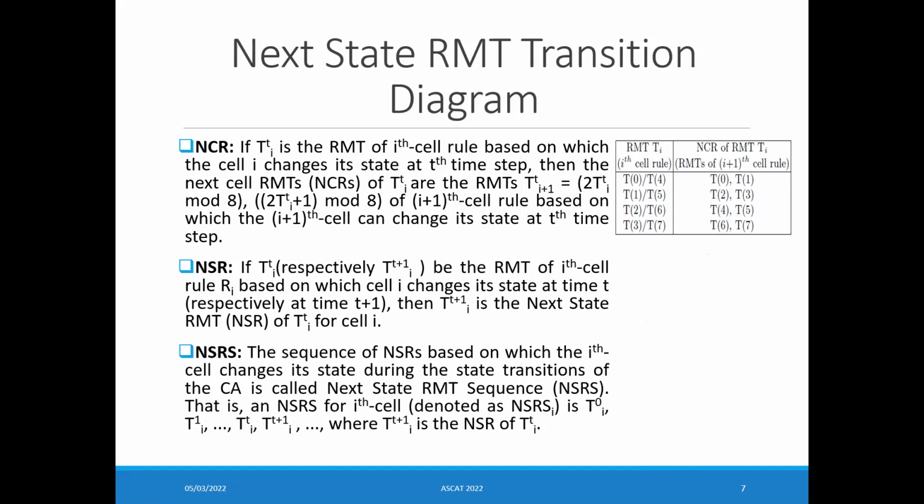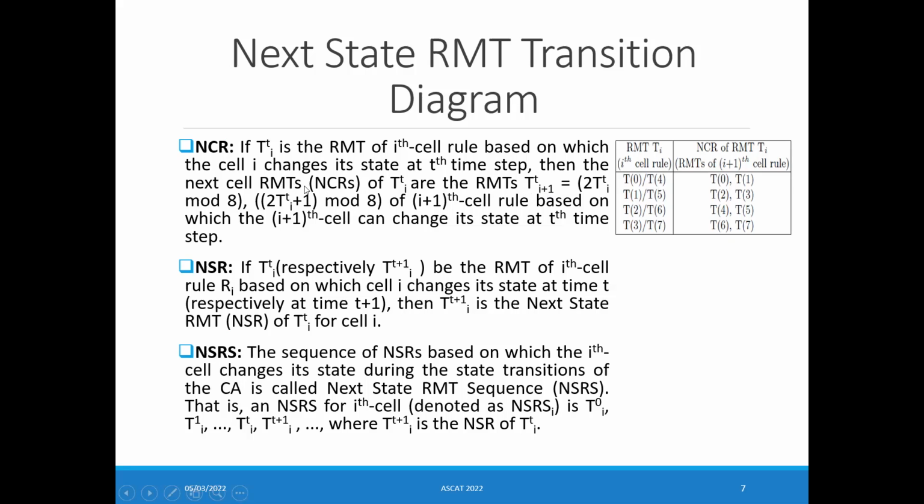This is the basic terminology of the next state RMT transition diagram. First one is NCR. NCR is next cell RMT. Suppose Ti(t) represents the RMT of the ith cell, based on which the ith cell changes state at time instant t. Then Ti+1(t) represents the NCR of Ti(t), and this relation must hold.